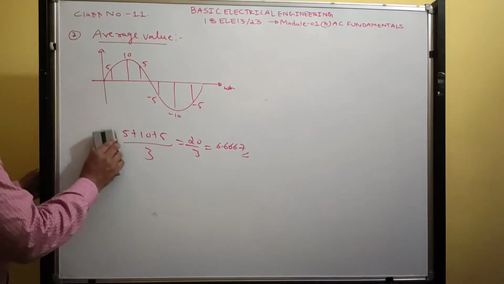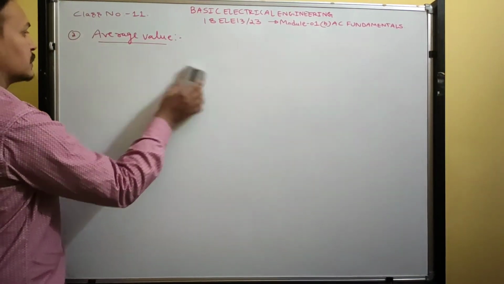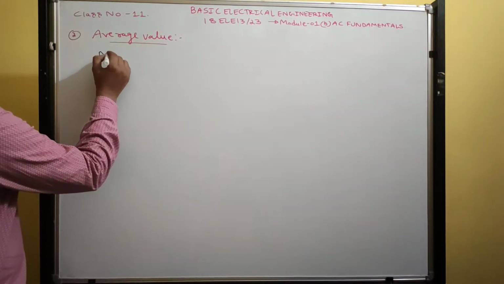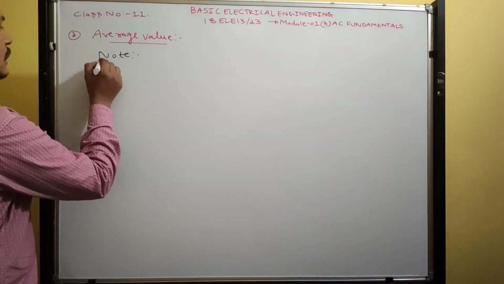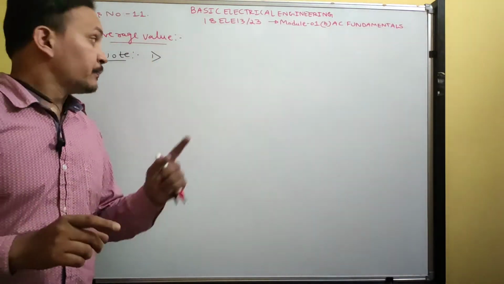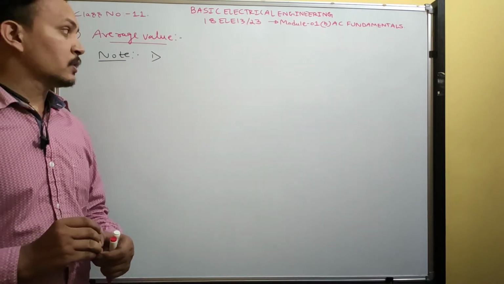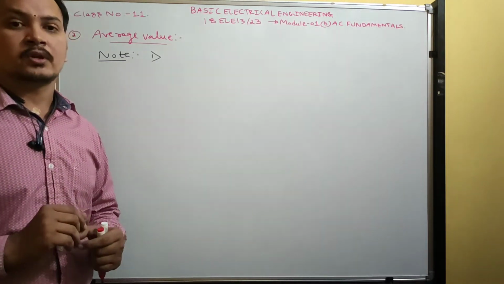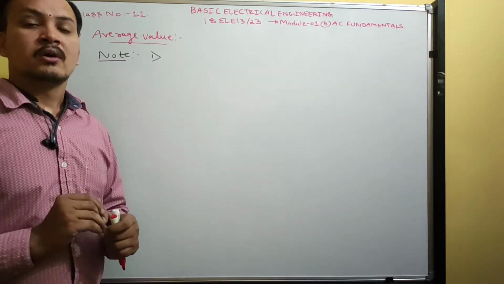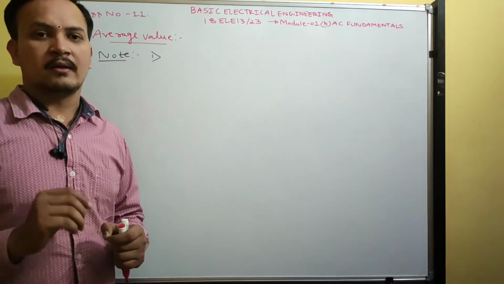Fine. So now make a note. This is graphical method, analytical method. Guys, make these two notes, then we can start derivation. To compute average value of a symmetric waveform, we have to consider only half cycle.